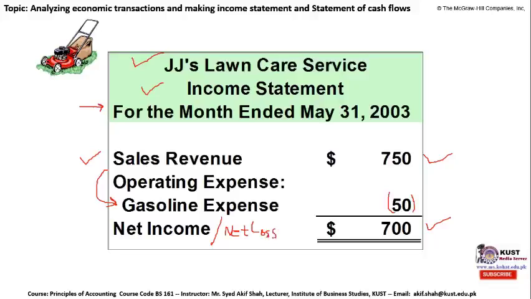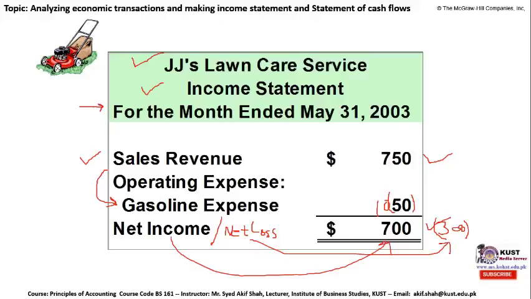However, if the revenue exceeds the expenses, as in our case, then the company will come up with net income. However, what if the total expenses were $1,050? Then ultimately the company would have been in a loss of $300, and we have to put a parenthesis around this $300 in this case, because this shows the company is in net loss.